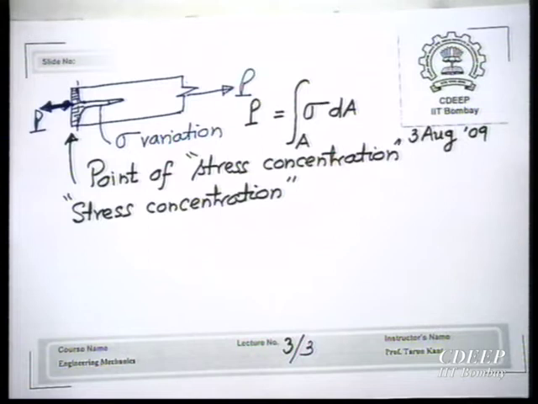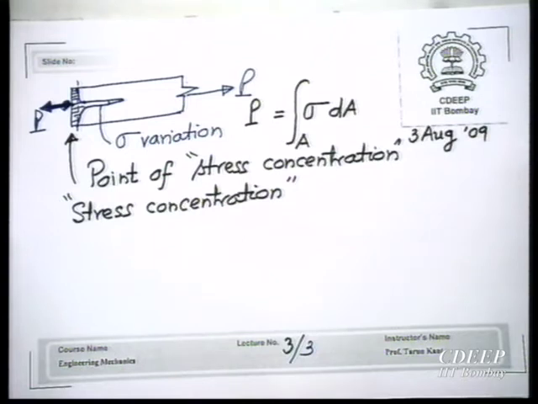Decide the cross sectional area, for a given load what should be the cross section for a given material. And you have to also ensure that the material does not fail. So, that extra precaution is needed. Stress concentration is a concept which you must know.